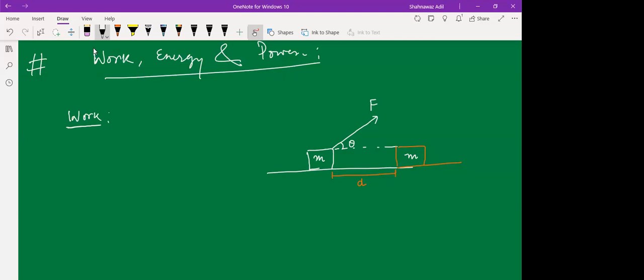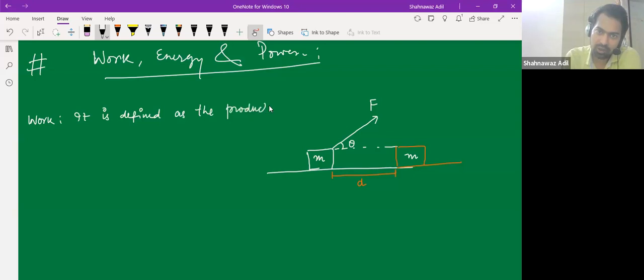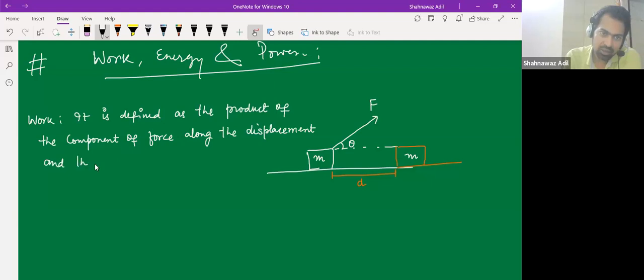Yes. So the work is defined like this. Work is defined as the product of the component of force along the displacement and the displacement of the object.